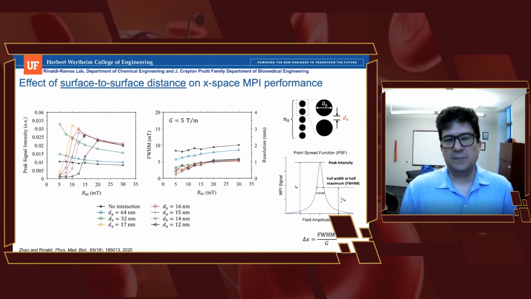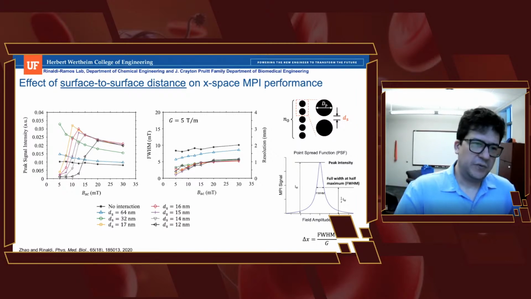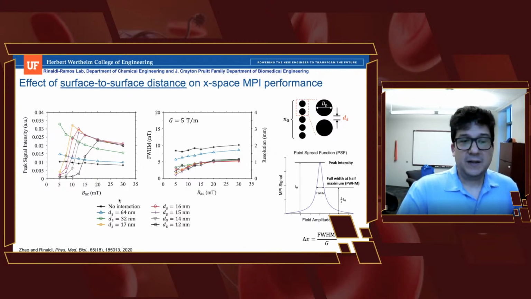That can be used for color MPI to distinguish, for example, particles that are in these chains and interacting with each other from particles that are not. And the threshold field, as we call it, for that transition from poor behavior to good behavior is dependent on the distance between particles according to the modeling.